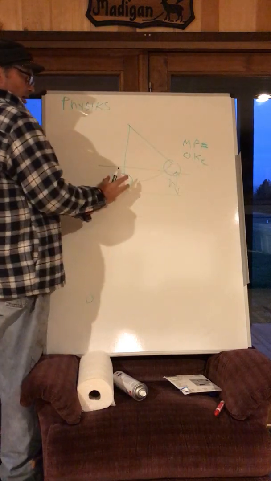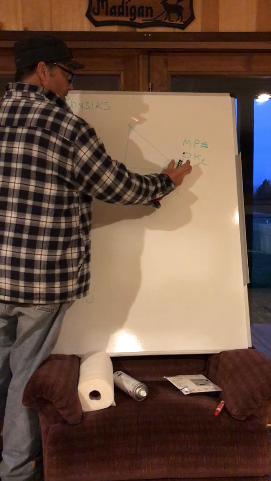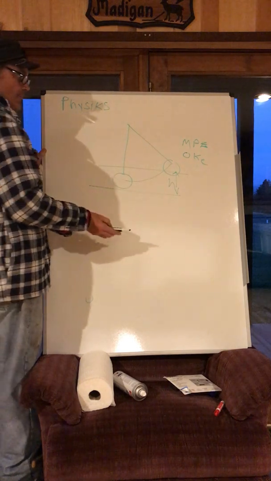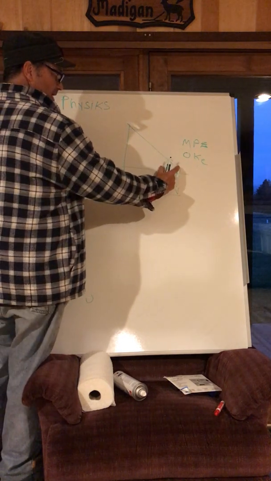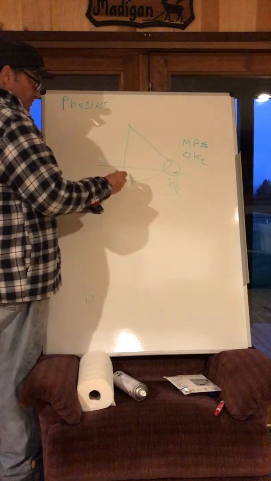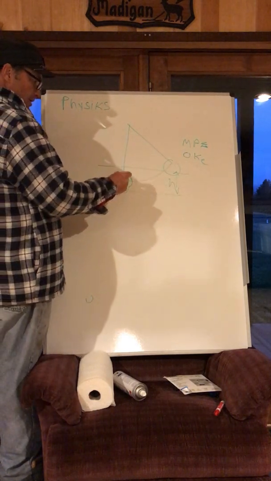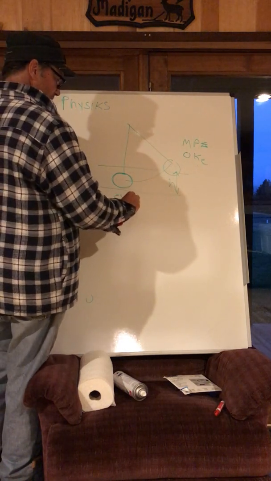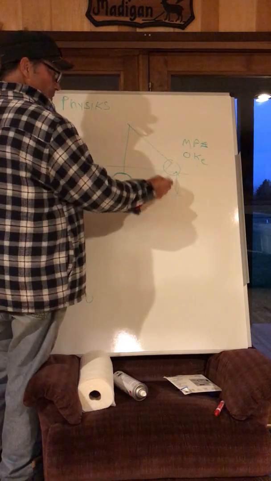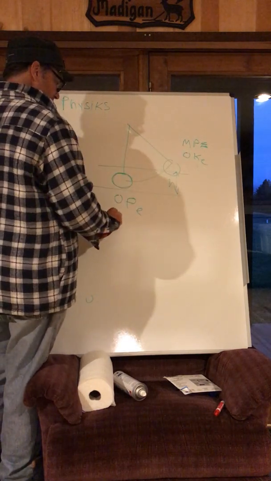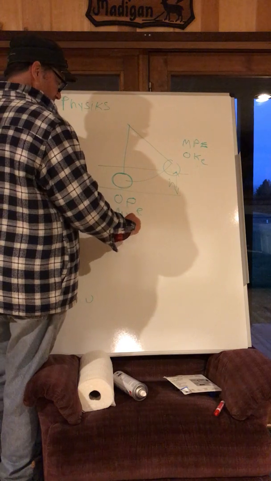So if I were to take a ball on a string and move it up here and let it swing to here, when it's in this spot right here, it has max potential energy, zero kinetic energy. When it's sitting right here, it has zero potential energy because it has no height, but it's moving fast. It has a max of kinetic energy.